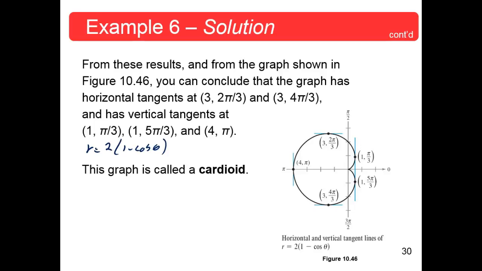Cosine theta is, there's your 1/2. 1 minus 1/2 is 1/2 times 2 is 1, so that's where the 1 comes from there. 5/3 pi, same thing, that's going to be a 1/2. That's going to give you a 1. But then that pi that we had, cosine of pi is, say again?